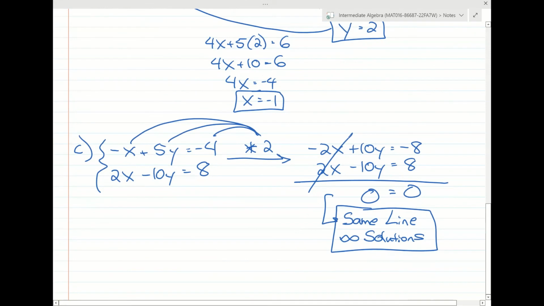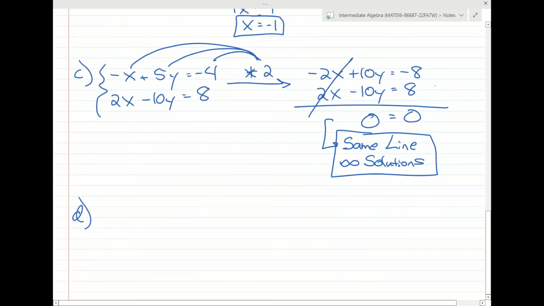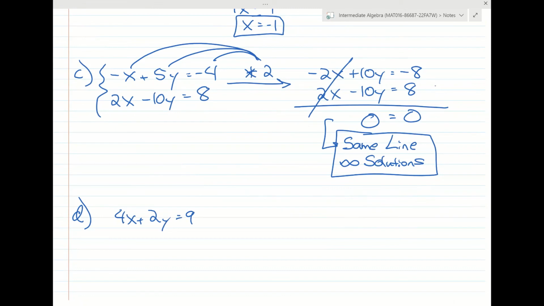Do one more of these. How about 4x plus 2y is equal to 9, and 8x plus 4y is equal to 0. We could go ahead and eliminate the x's here by multiplying by negative 2, because that'll give us negative 8x and 8x.